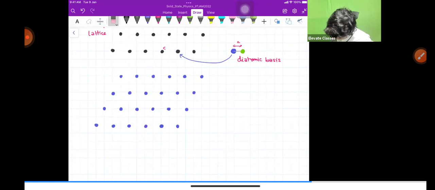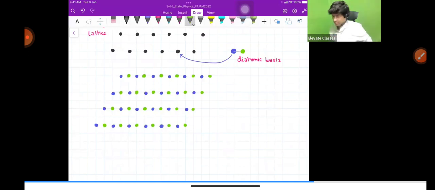So we'll place the green atoms halfway, in these positions. These are not the lattice points. The green ones are not at the lattice points. The blue atoms have been placed on the lattice points. The green atom is tagging along with the blue atoms.